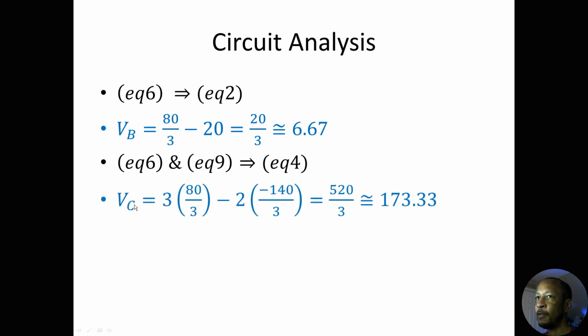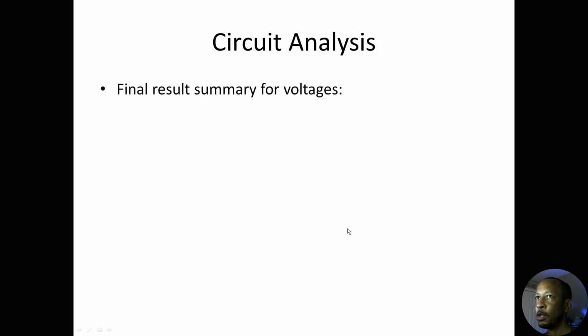That gives me VC equals 3 times 80 over 3 minus 2 times negative 140 over 3, which equals 520 over 3, which is approximately equal to 173.33. So, final result summary for voltages. I have VA equals 80 over 3, which is approximately equal to 26.67.